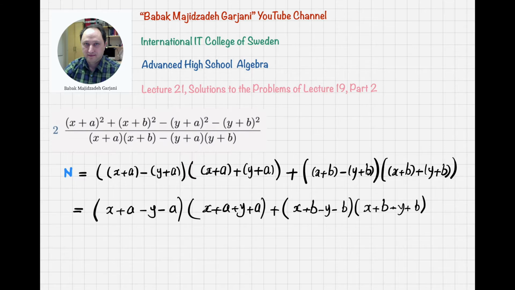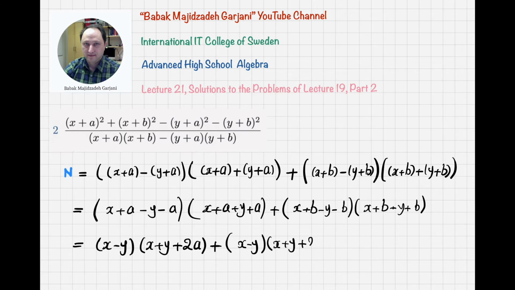Yes, and now you see that this a and this a are gone. Here the a's are added together. Here these two b's are gone. Here these two b's are added together. So then it becomes x minus y, x plus y plus 2a, and then I will have plus x minus y, and then I have x plus y plus 2b.